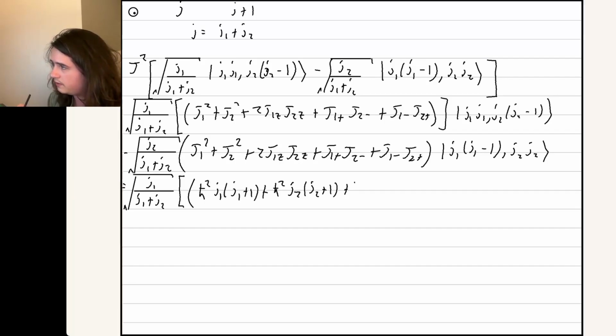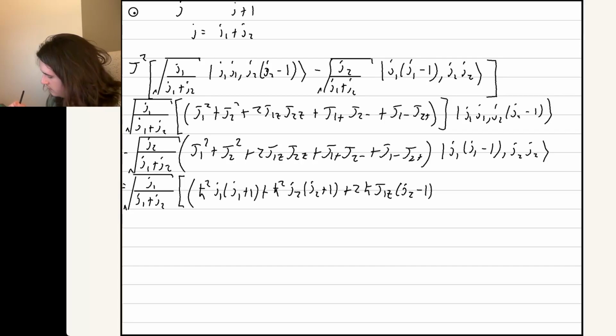We'll have a 2 h bar, with the j1z acting on it in the near future. That eigenvalue has to be j2 minus 1, because you have to use the m value. So that's that. And that's all operating on the state j1, j1, j2, j2 minus 1. Okay?